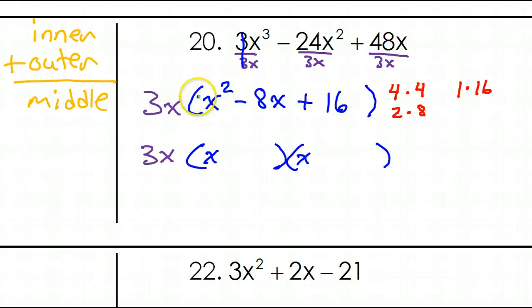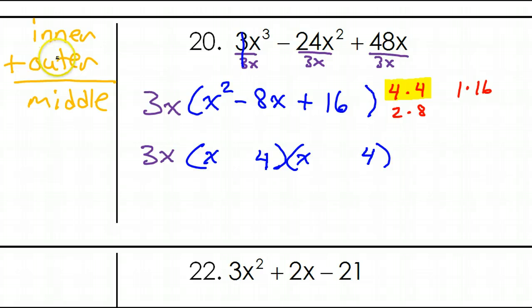Because the leading coefficient is 1, I can immediately look among these options looking for 8. So for that reason, I'm liking the 4 and 4 because 4 plus 4 is 8. So let's use that. Okay, so let's go with looking at 16, 4 times 4.